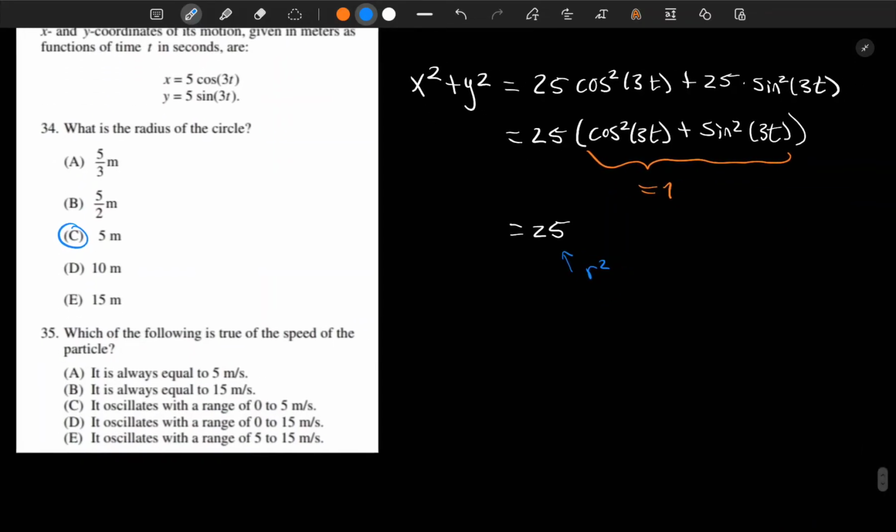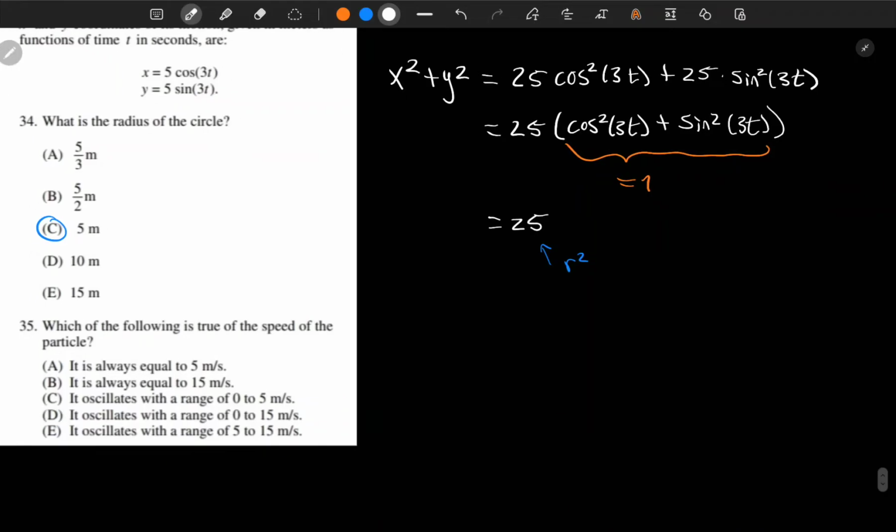Well, finding the velocity of the particle, we take the velocity in the x direction, Vx, is equal to dx dt, which here is equal to negative 15 sine of 3t.